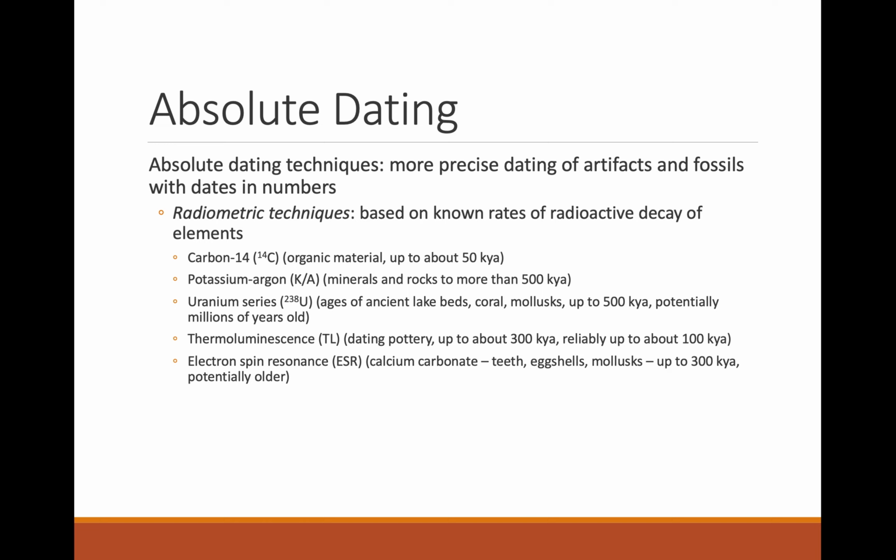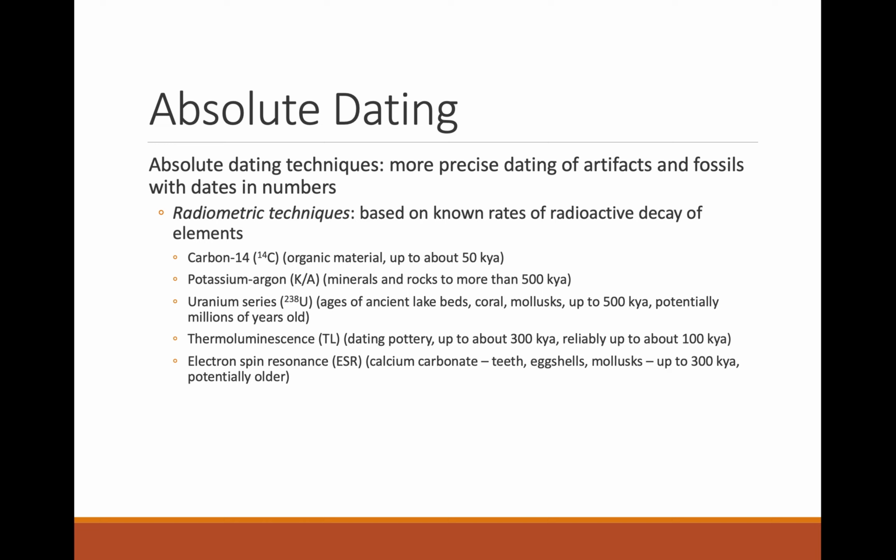Okay, so we can apply inappropriate dating techniques and we get numbers that are basically bunk, right? We get numbers that don't really give us any information. They date things like contamination, they date the skin cells from the people who've handled those materials, etc.